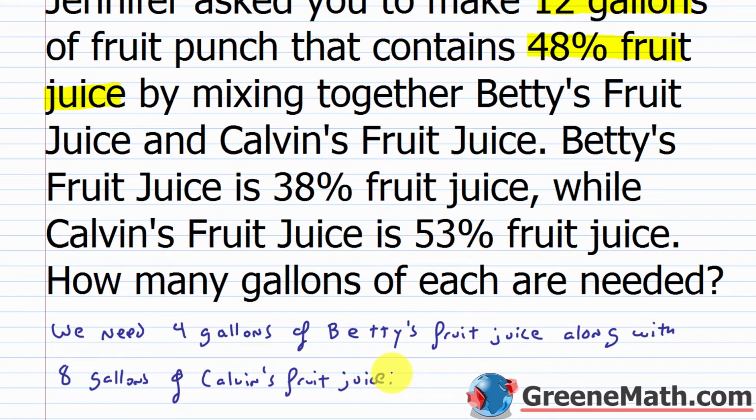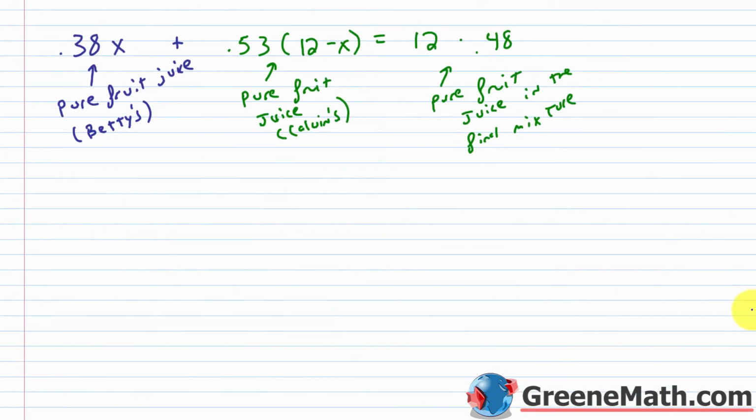And to check this, we would think about our equation that we set up. Let's scroll down a little bit. And again, the amount of pure fruit juice from Betty's fruit juice plus the amount of pure fruit juice from Calvin's fruit juice has got to be equal to the amount of pure fruit juice in the final mixture.